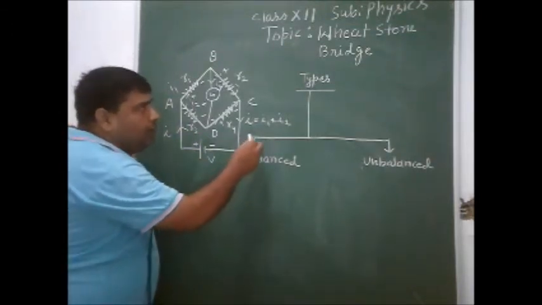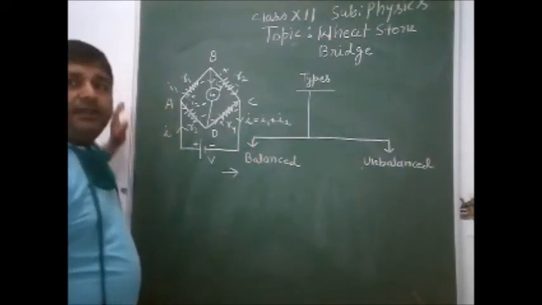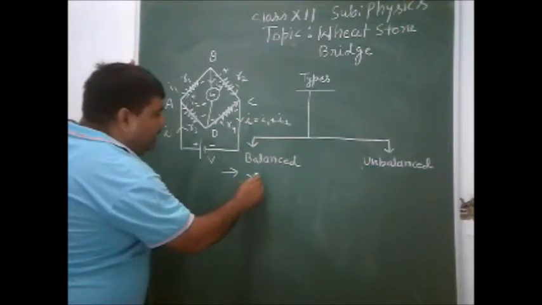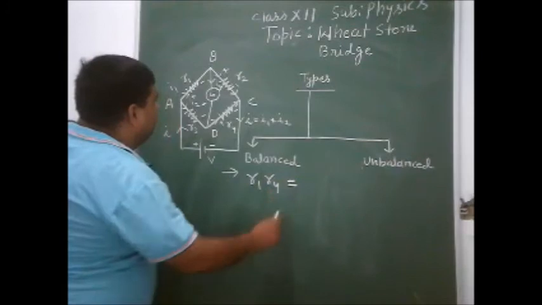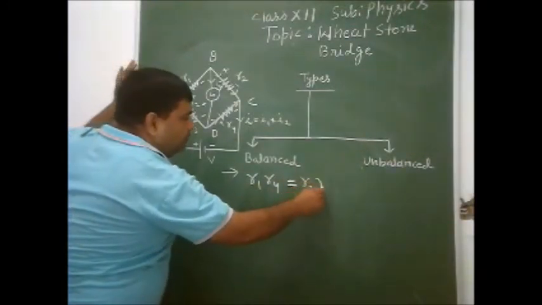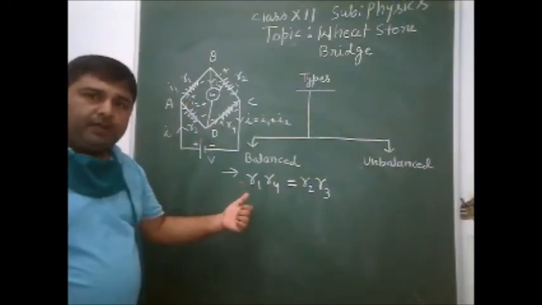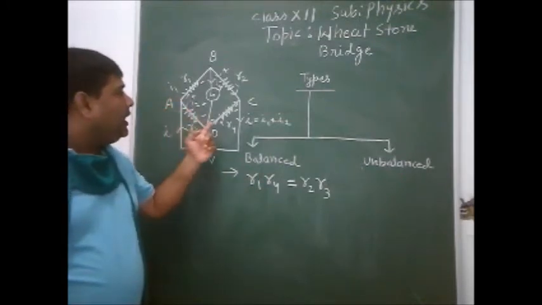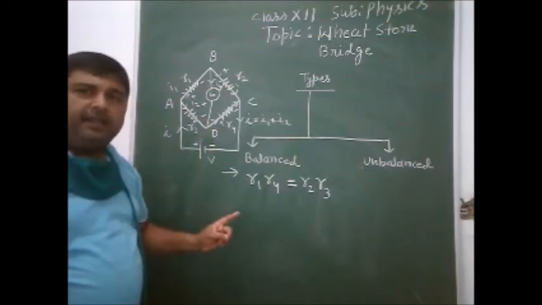So what is balanced Wheatstone Bridge? The condition of balancing is that R1 R4 is equal to R2 R3. It means the product of resistors connected in the opposite arms must be equal.